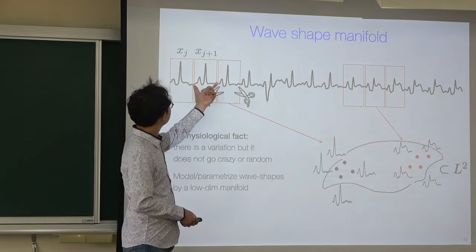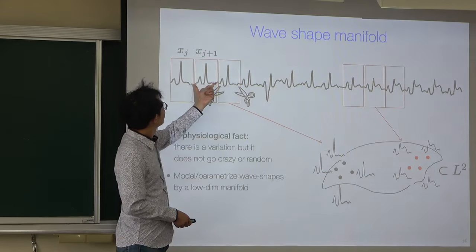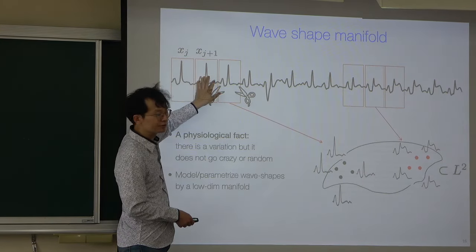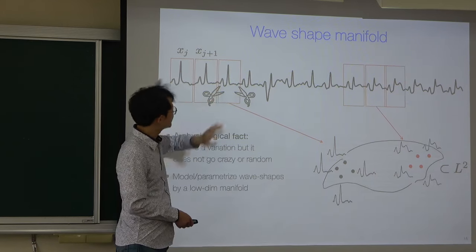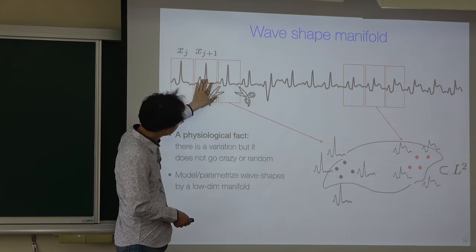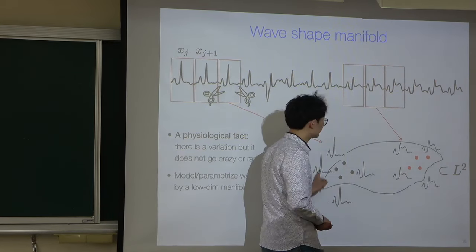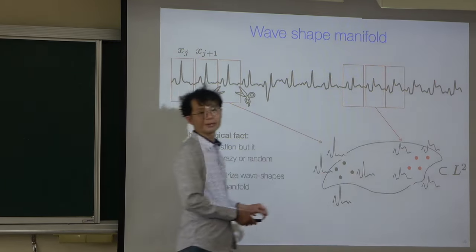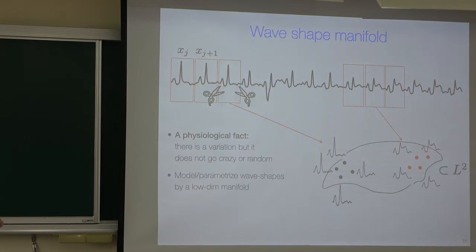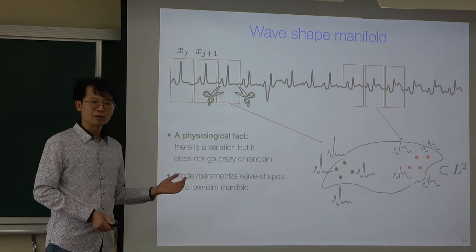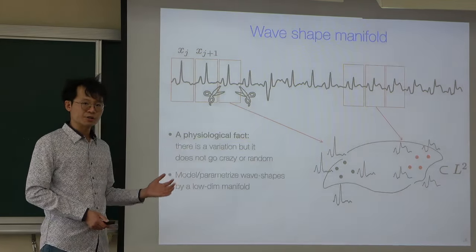That is, every electrophysiological dynamics you view as a point in L2 space, and all the points can be parameterized by a low-dimensional manifold. Definitely, it is just a very rough model.